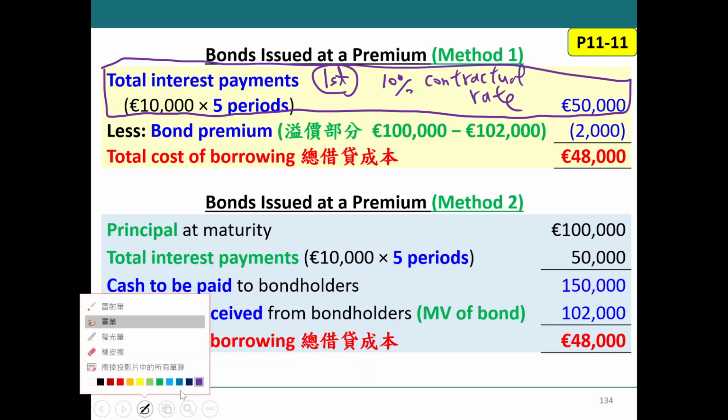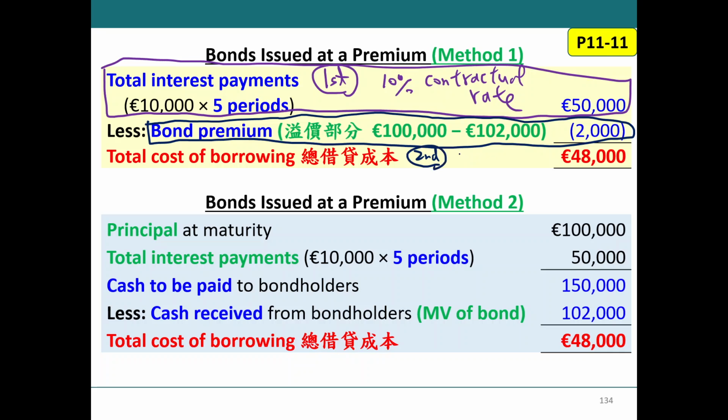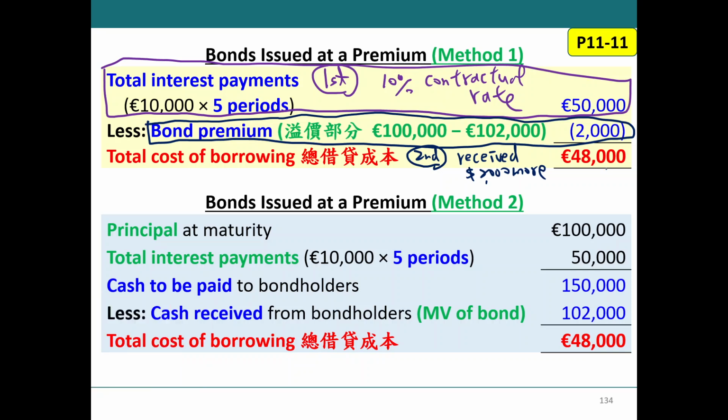The second is the premium, but don't forget, for the premium you got $2,000 more, which makes your total cost of borrowing decrease.